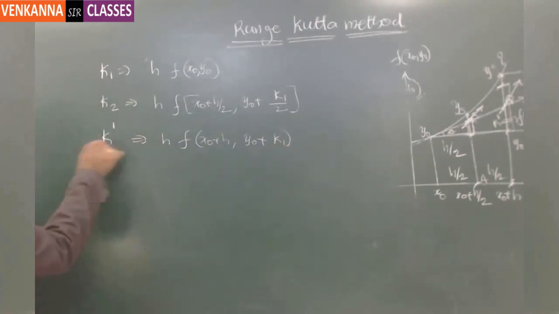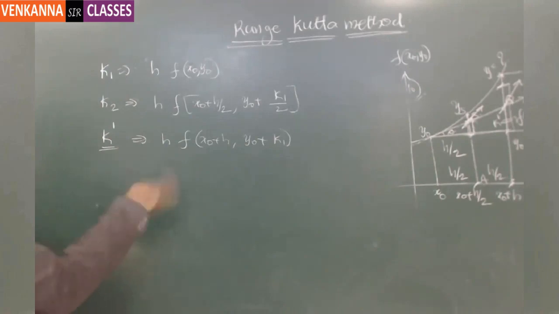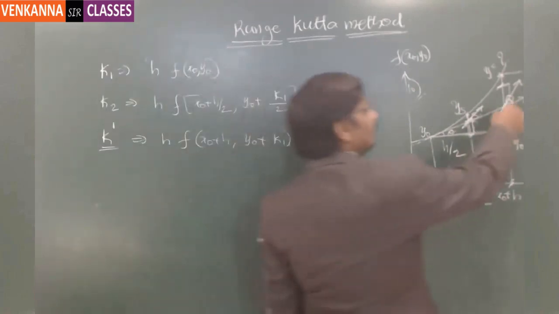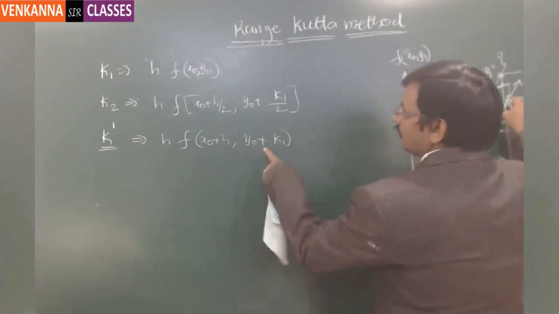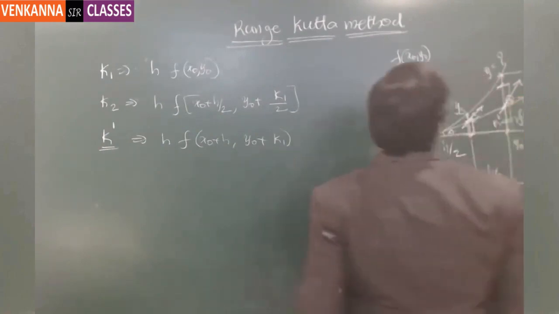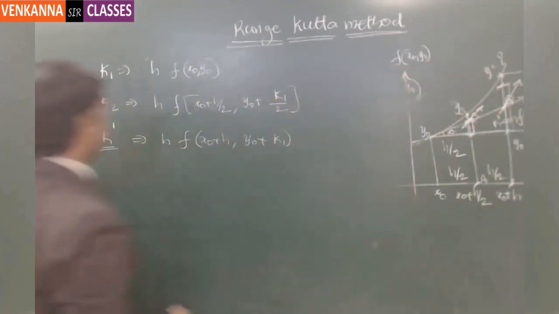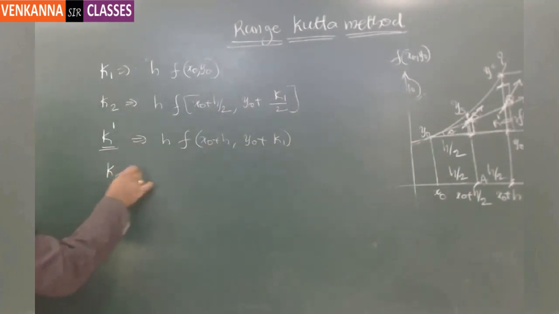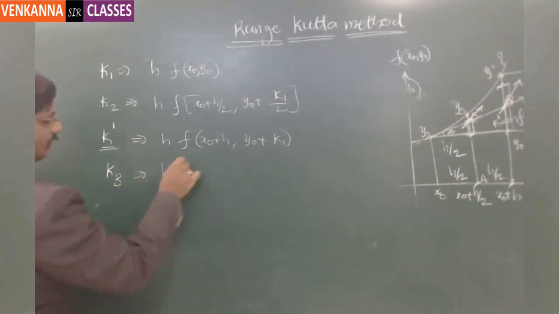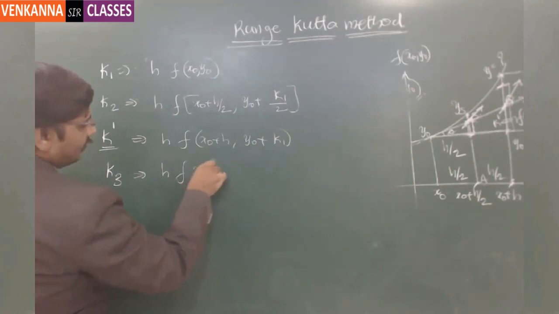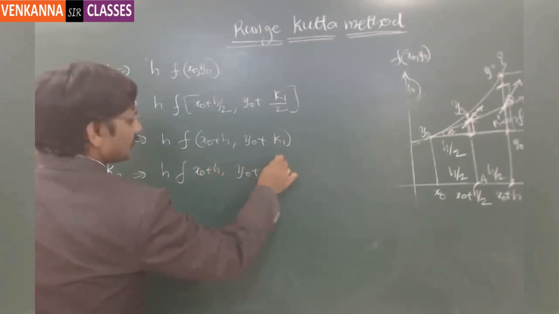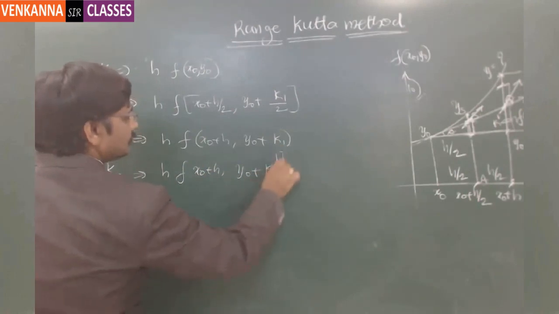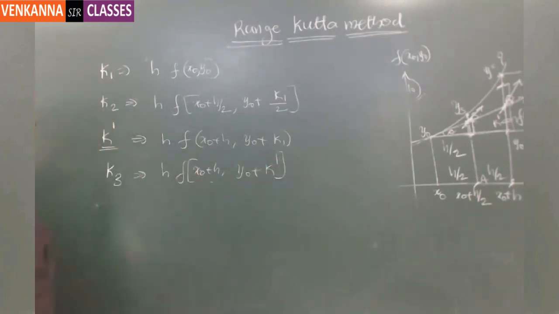Now we will use this value to get better accuracy at this particular location. We have calculated this value by considering y naught plus k1 here. So now the slope is upgraded, and then k3 you can calculate as h times of f of x naught plus h comma y naught plus k dash. So this is the improved value.